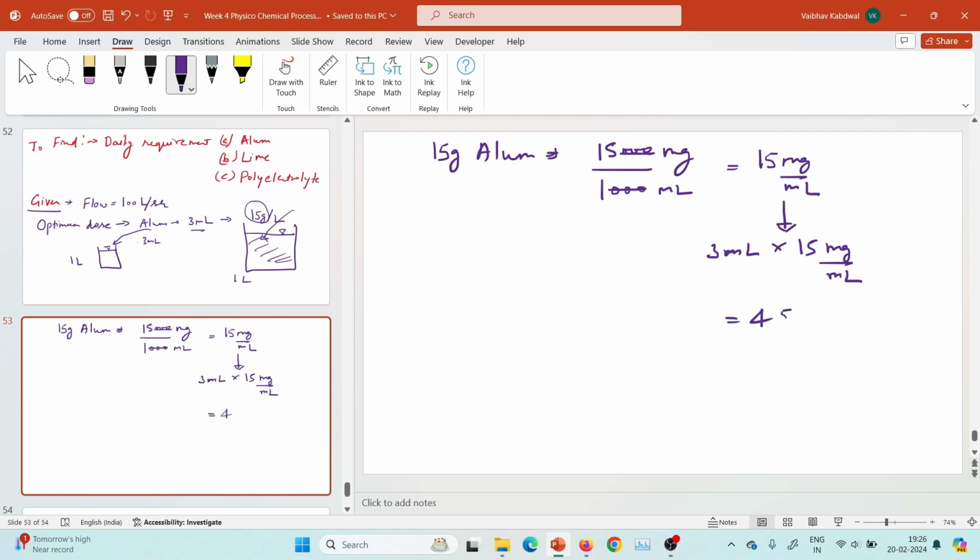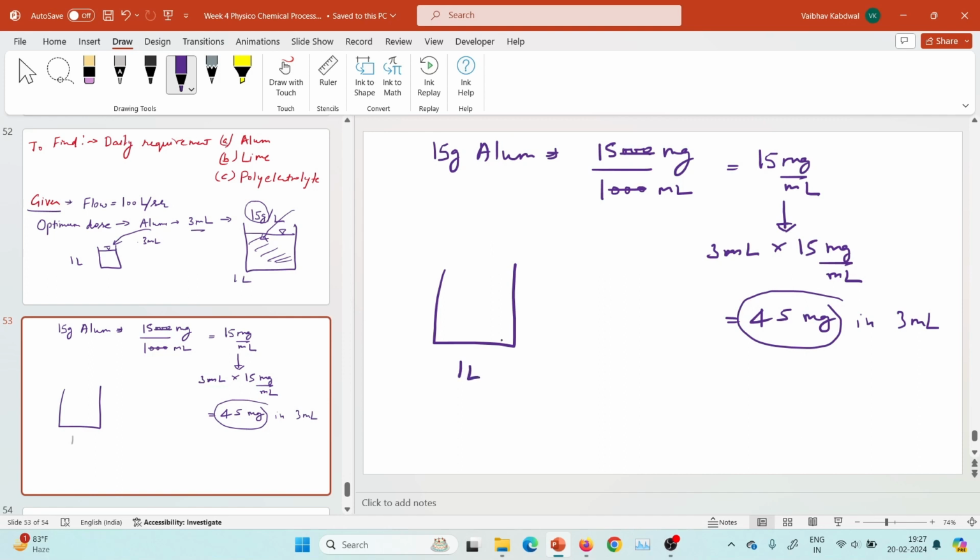That will be 45 milligram. So we are adding 45 milligram in 1 liter to get the optimum dose of alum.